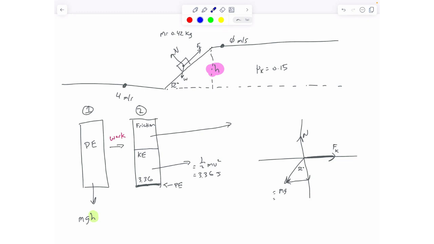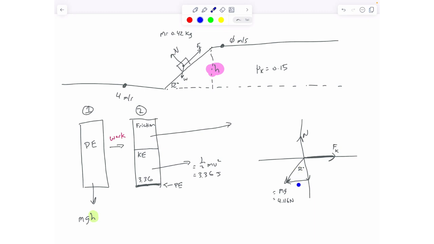All right, so what's N? I don't know. What's FK? I don't know. But I do know mg. mg, of course, is mass times gravity, 0.42 times 9.48, equals 4.116 newtons, because this is a force. Because I know the length of this thing, I can say this side, because it's opposite, is 4.116 times the sine of 52.